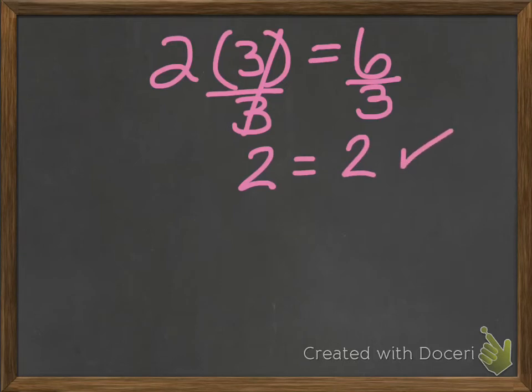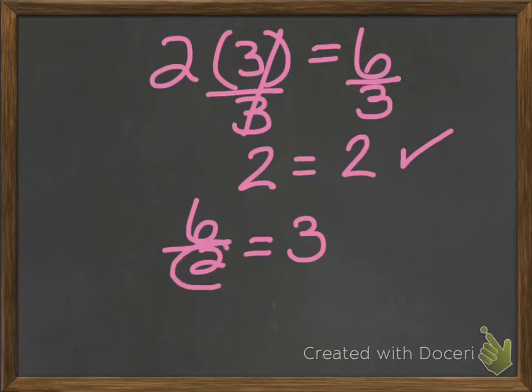Okay, well, what if I've got 6 divided by 2 equals 3? Alright, I'm dividing by 2, and if I want to get rid of that, dividing by 2, what's the opposite of dividing?